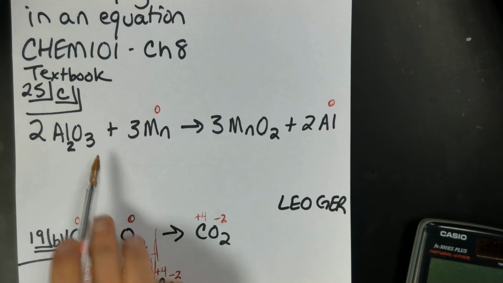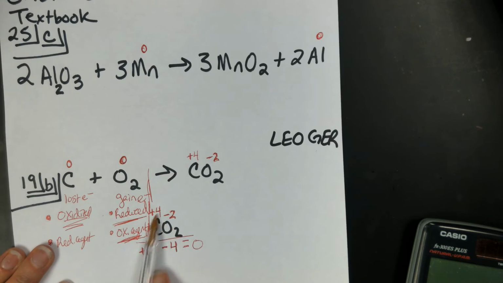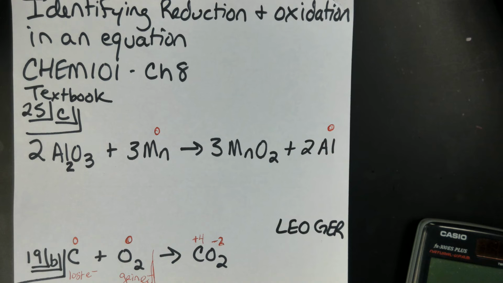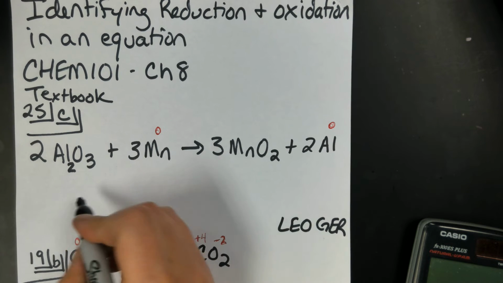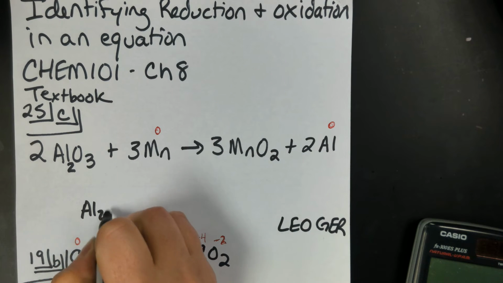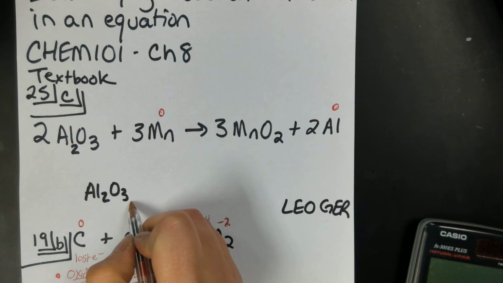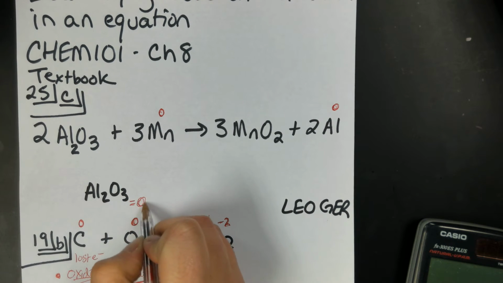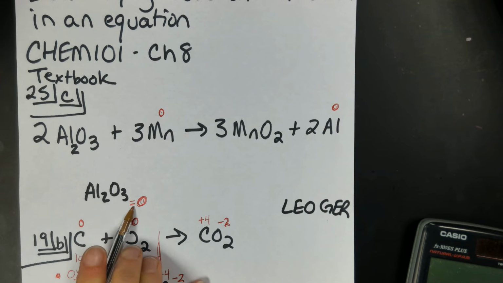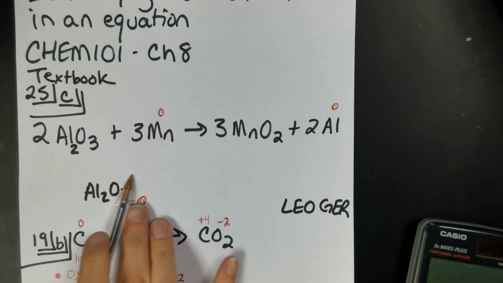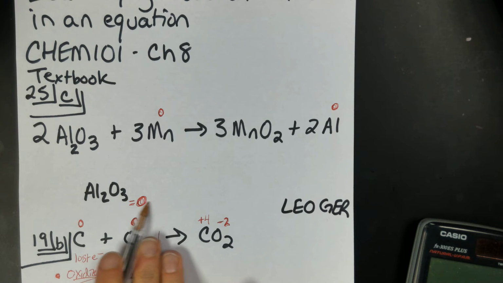So now let's do this kind of treatment with aluminum oxide. So we're doing a little side work here. Aluminum oxide. This has to total out to, you guessed it, 0. Why? Because there's no charge here. If this were, say, a charge of -2, this would have to total out to -2.